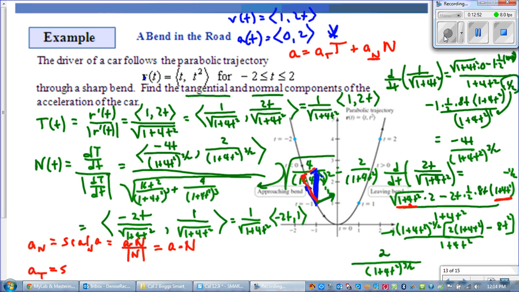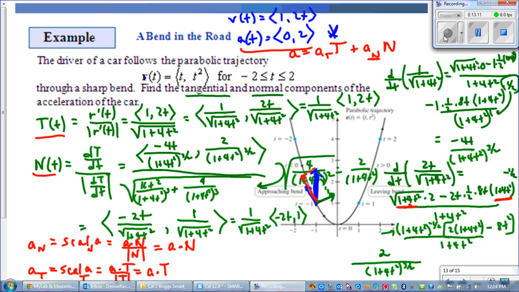So this will be the scale of a in the tangent direction, which is a dot t over the magnitude of t, which again is just a unit vector, so that's just a dot t. So once we have that acceleration vector and we have the t and the n, we can just do dot products.